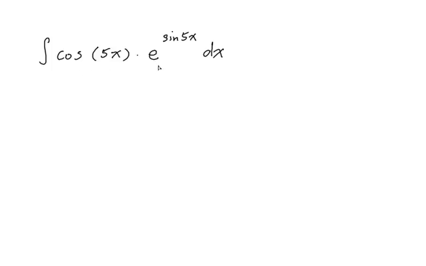But if you look at the e, you know that when we differentiate e to some power, the derivative of that power would come down as a coefficient. So basically, this is what we want to see. If you take the derivative of sine 5x, you're going to get 5 cosine 5x.